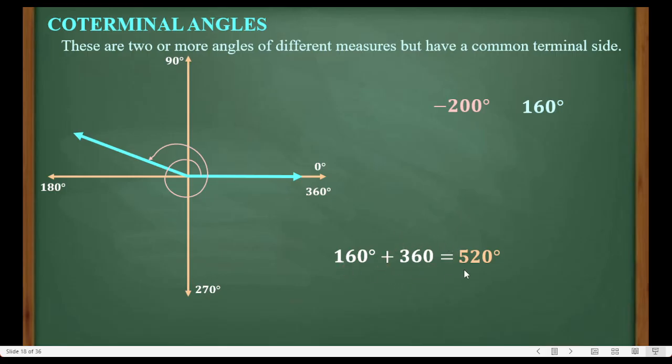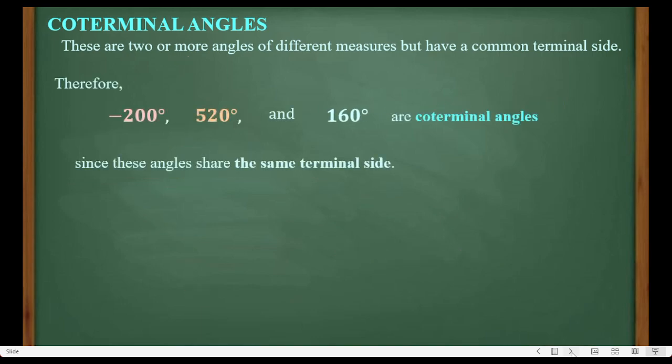Then, we add the two, 520 degrees. Therefore, 520 degrees together with the first two angular measures are coterminal. So again, these three angles are coterminal angles, since they share the same terminal side.